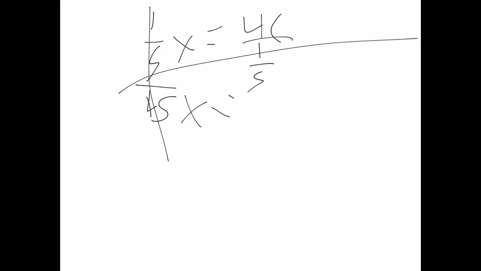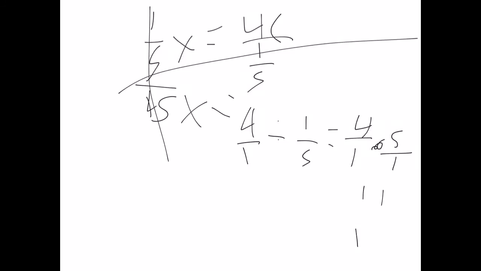Okay, so now what we do, 4 divided by 1/5, we go 4 over 1 times 5 over 1. And now we multiply. So it's 1 times 1 is 1, 5 times 4 is 20. So since it's 20 over 1, it goes to 20. So now we know x equals 20.